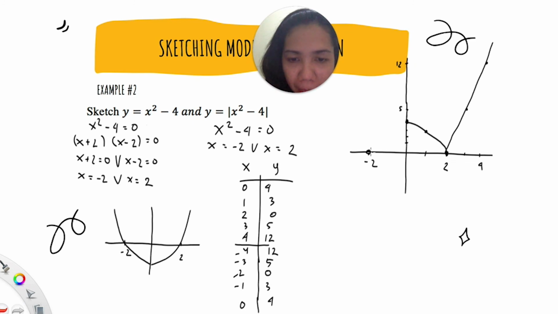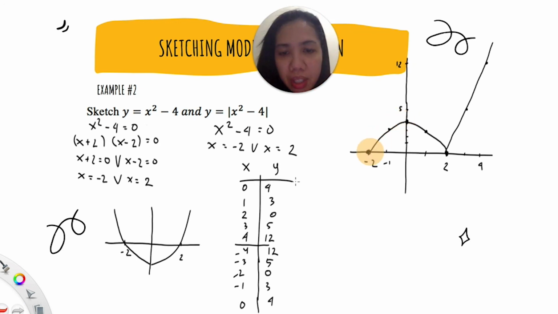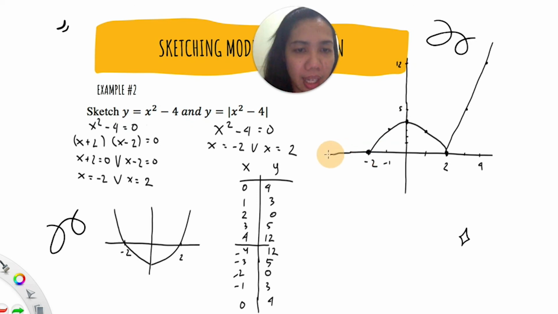This is minus 2 comma 0, and then minus 1 comma 3, which is 1, 2, 3 right here, and then 0 comma 4 here. So the graph is like this. Next is minus 3 comma 5. I extend this line.